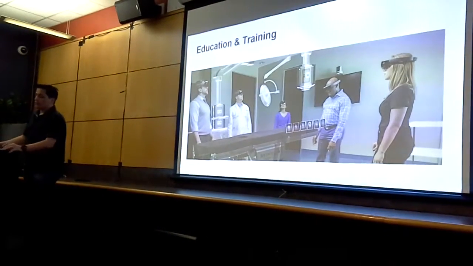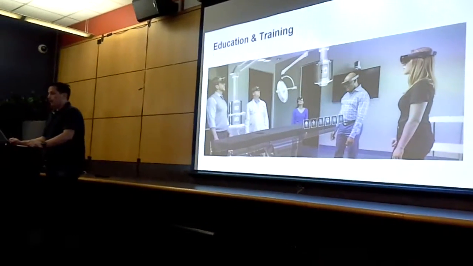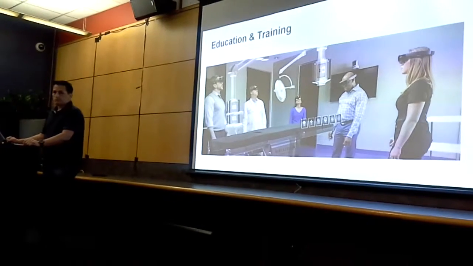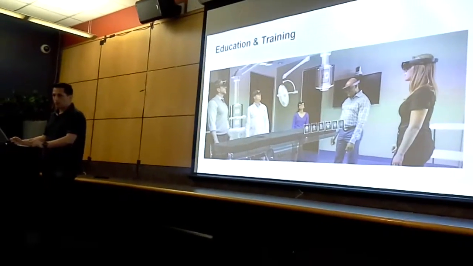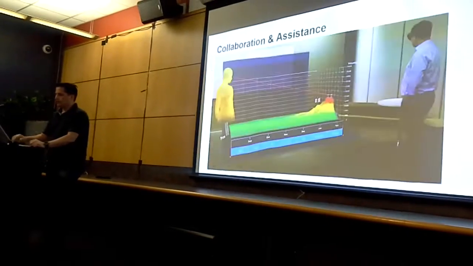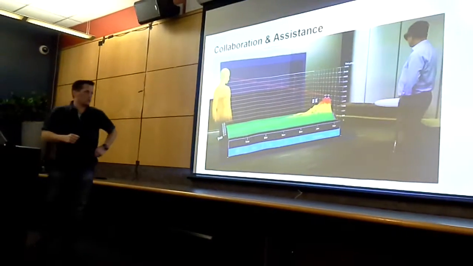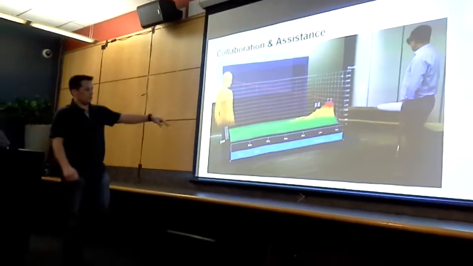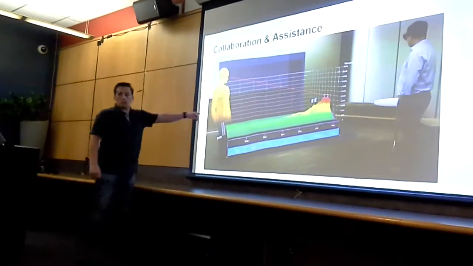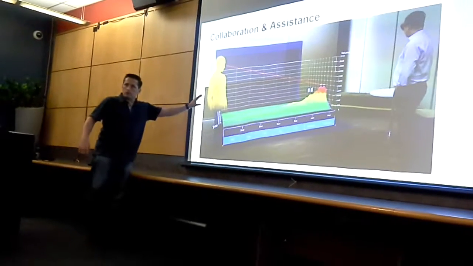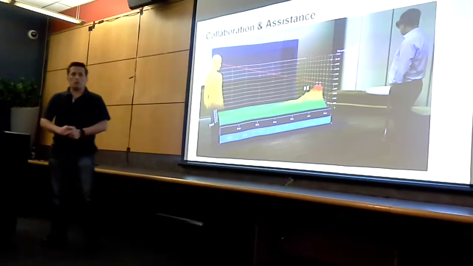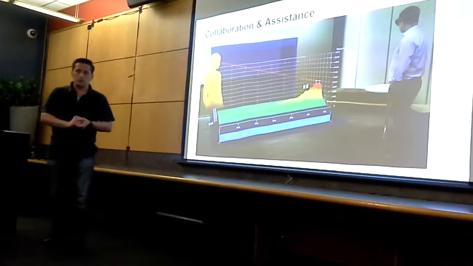We're seeing a lot of use of HoloLens and AR and MR in education and training. Like we said again, it drives it home, makes it memorable. Collaboration and assistance. This is one of our demos where we recorded the other person, shown in the one person's space. To make it a little simpler, but there are more complex demos if you have a high internet speed.